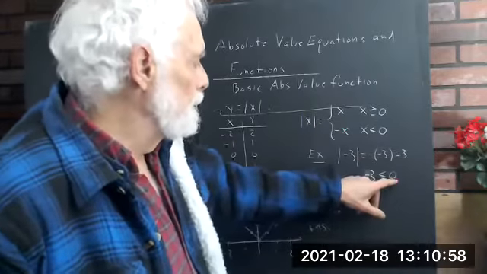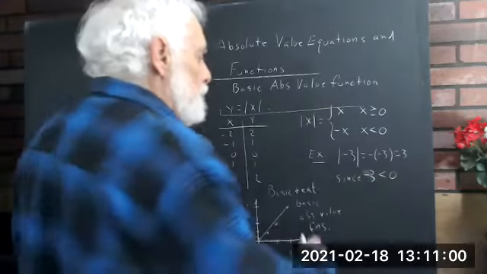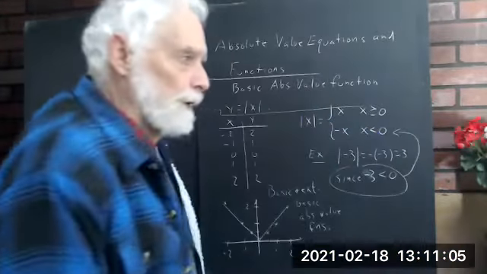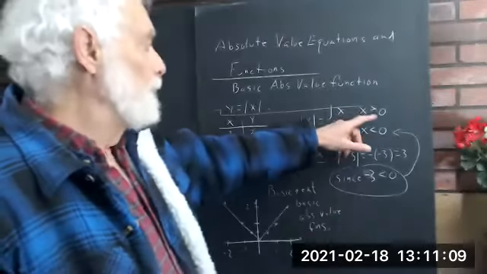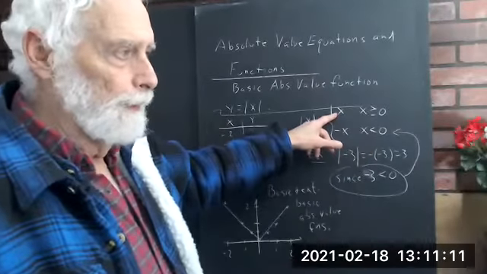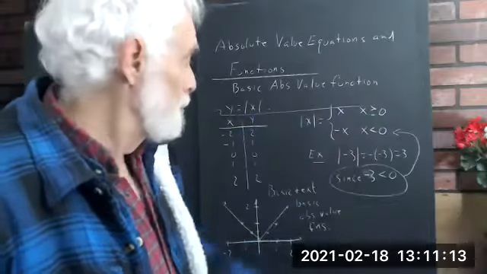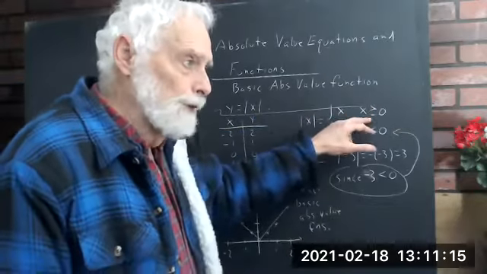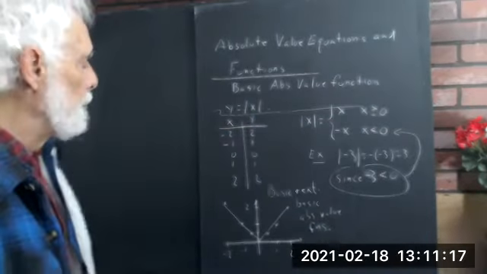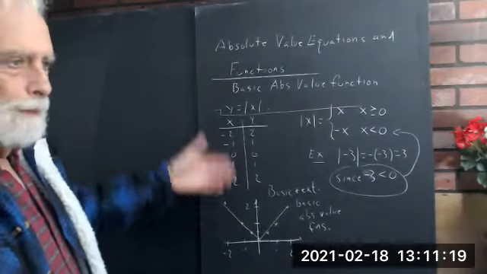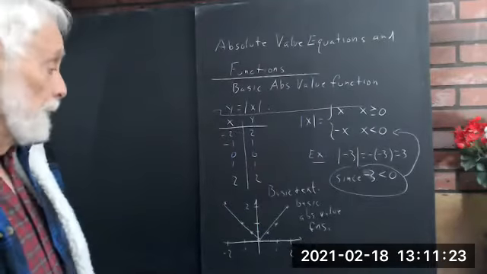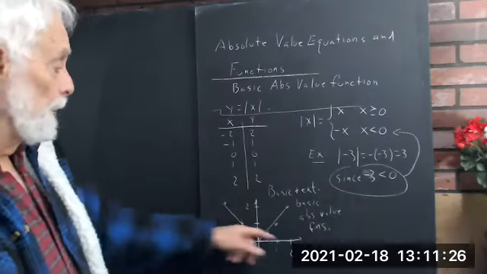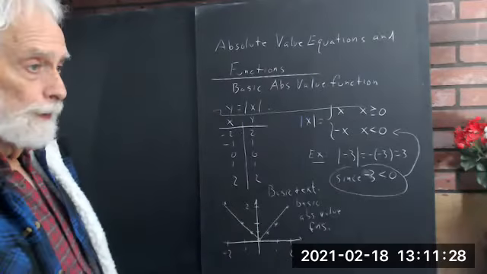Since -3 is less than 0, we're using this part of the definition. If we wanted the absolute value of 5, well, 5 is greater than 0, so the absolute value of 5 is just equal to 5. Absolute value of x is equal to x when x is greater than or equal to 0. Now, using the intuitive idea of absolute value or the definition, we can make a table and a graph for the absolute value function.